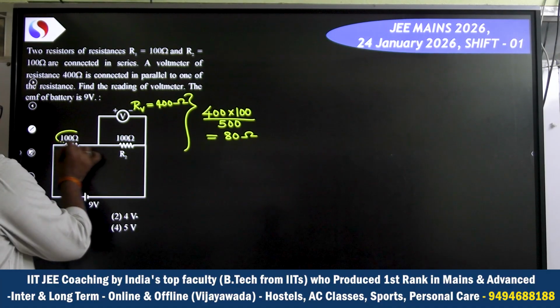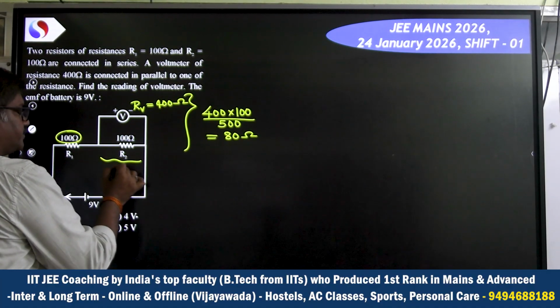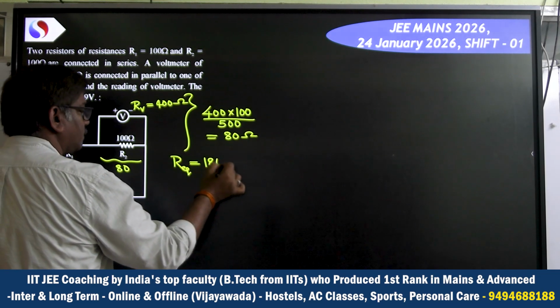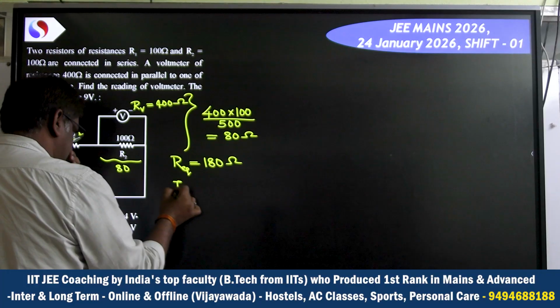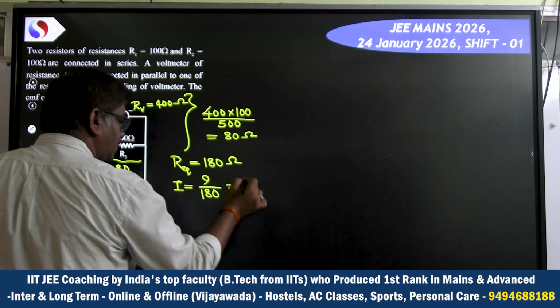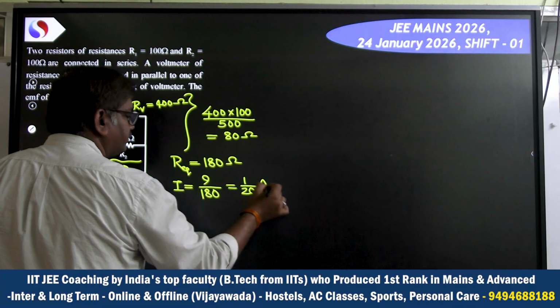So now one is 100 and this is 80. That means the equivalent of this circuit is 180, which gives you the current I equals 9 by 180, which is 1 by 20 ampere.